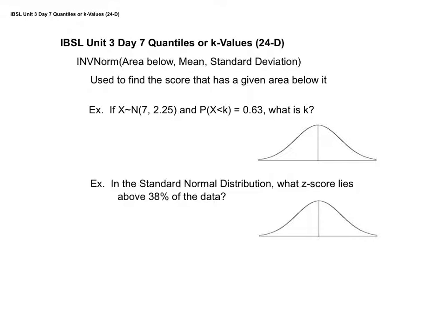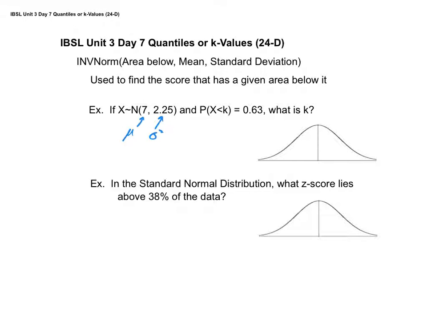So for example, here we have X being distributed normally, and the 7 is what again? Mean. That's our mean. Okay, so 7 is our mean, and the 2.25 is our variance, okay? What squared gives us 2.25?